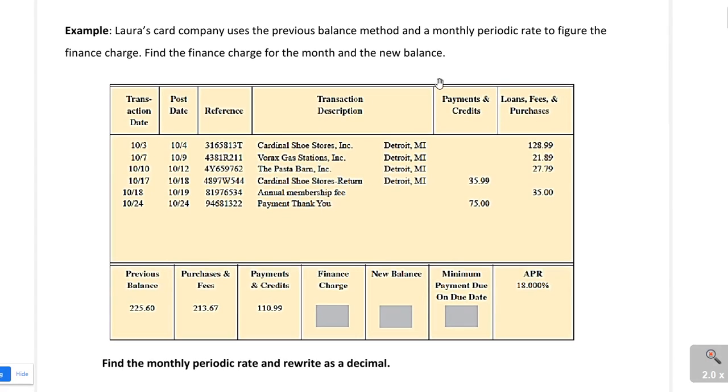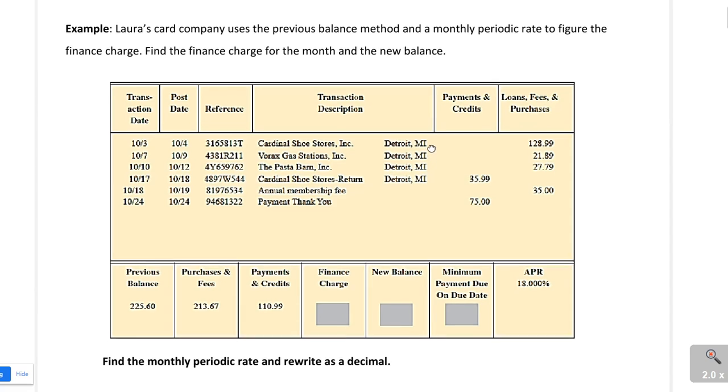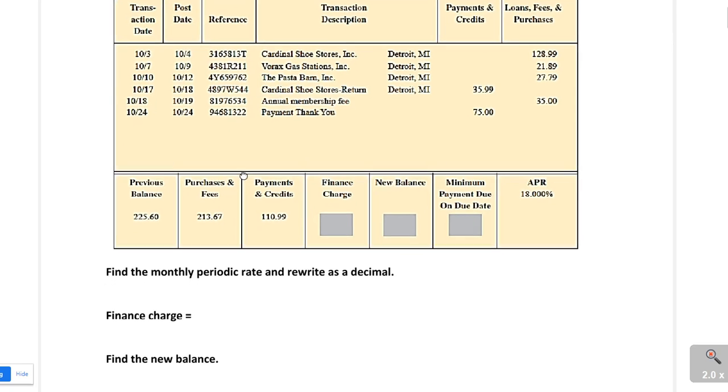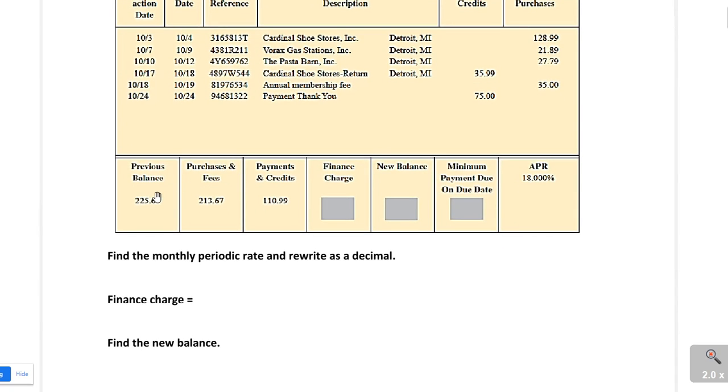Laura's card company uses a previous balance method and a monthly periodic rate to figure the finance charge. Find the finance charge for the month and the new balance. So here's her statement. First thing we need to do is find the monthly periodic rate.